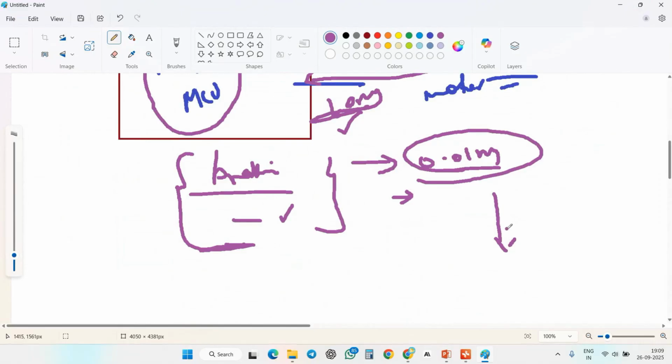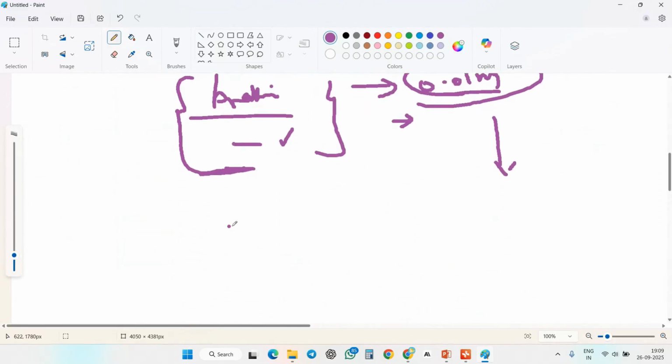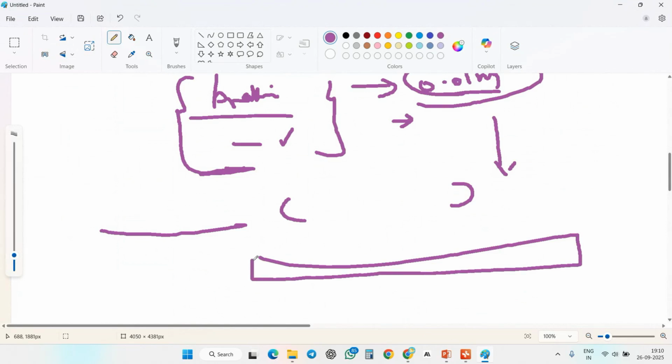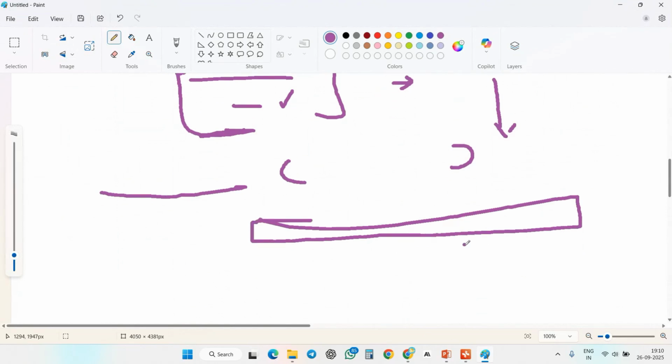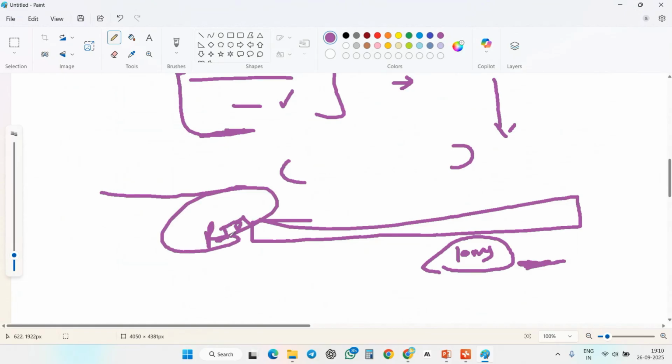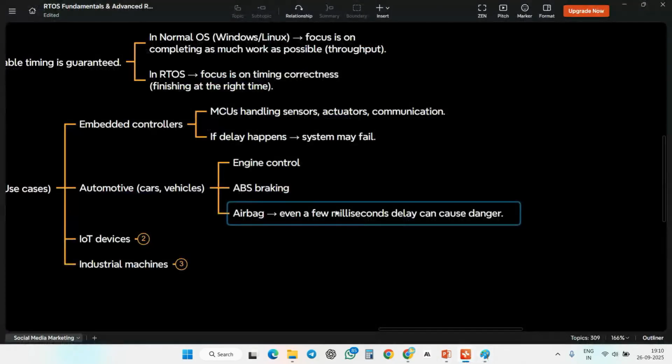Yes, we can use it whenever we want to maintain a specific time. If you want to do every task within a specific time, for example a task within 10 milliseconds, it should be completed within those 10 milliseconds. You can implement the RTOS there.